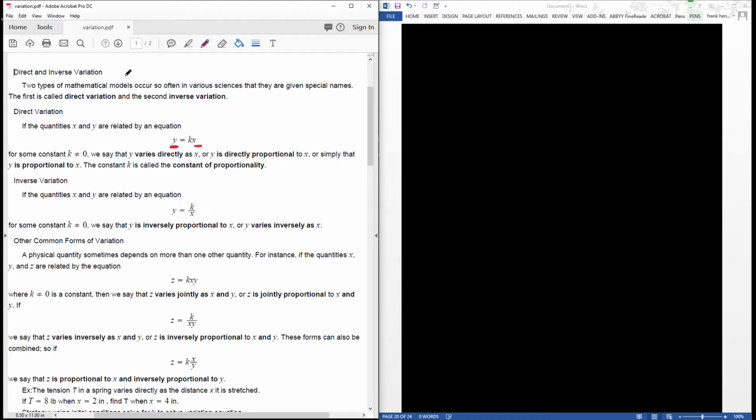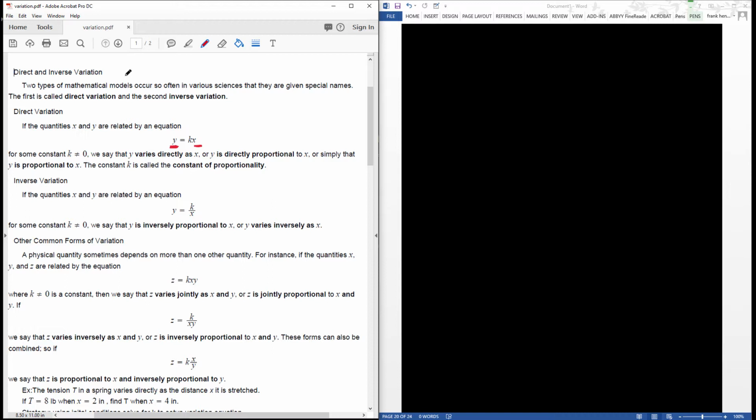Okay. Inverse variation. If the quantities x and y are related by the equation y is equal to k over x for some constant k not equal to 0, we say that y is inversely proportional to x, or y varies inversely as x.